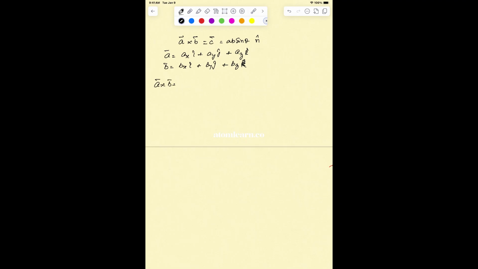A cross B is going to be the cross product of this x component i cap plus y component j cap plus z component k cap, with the other, B x component i cap plus B y component j cap plus B z component k cap. Now how to do the cross product of this? If it is expressed in unit vector i cap, j cap, k cap form, it is like this.